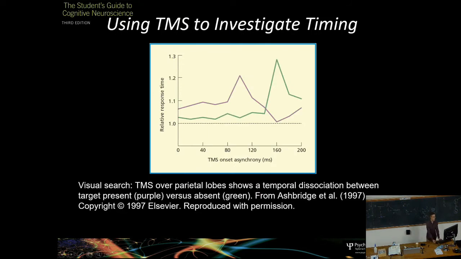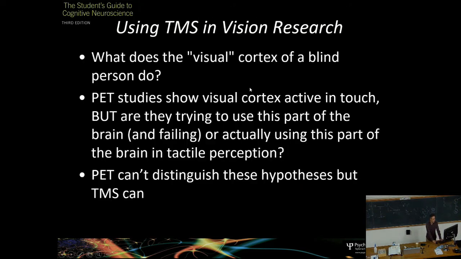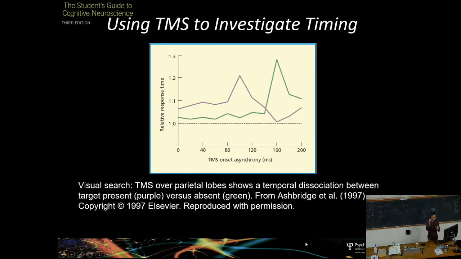And again, this is using TMS over time. So this is using this kind of visual search task where you've got to find, say, a purple cross or something like this on the screen. And what you can show here is that there are certain time windows in these peaks where having TMS will disrupt your performance.